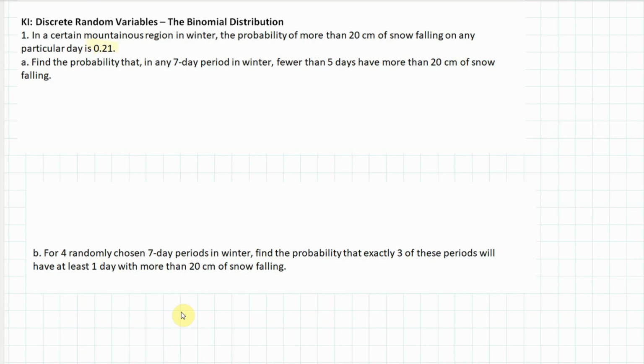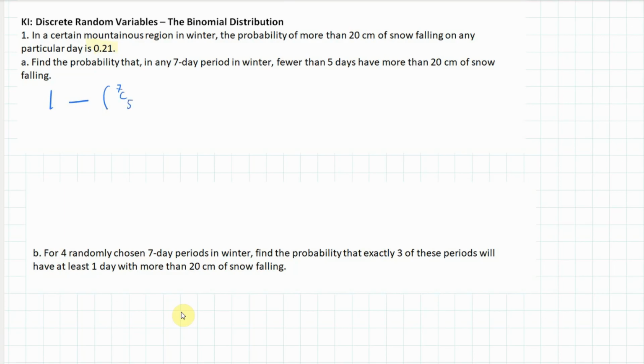Okay. The way I would do this is I would find the chance of 5, 6 and 7, and then I would subtract it from 1. So I'm going to go 1, and then I'm going to take away the probability that we have 5 days, so that would be 7 choose 5.